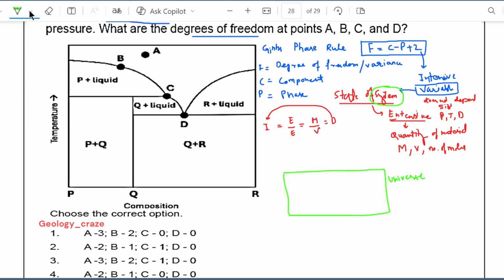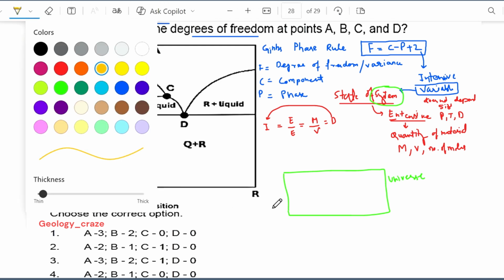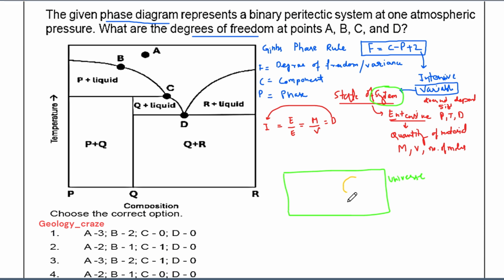Suppose this is the part that we are going to study. The portion of the universe that we want to study, we call this a system.